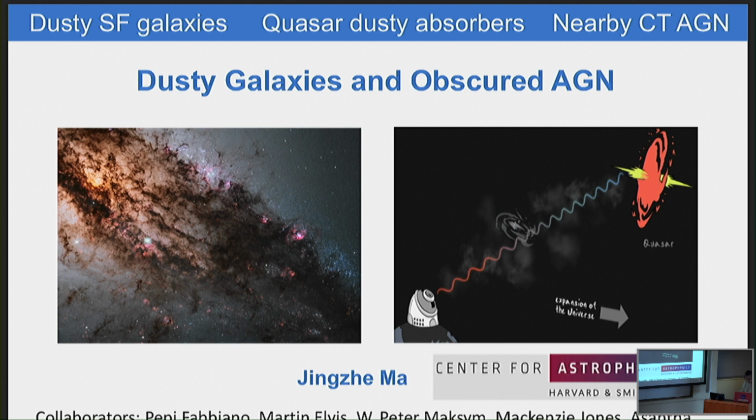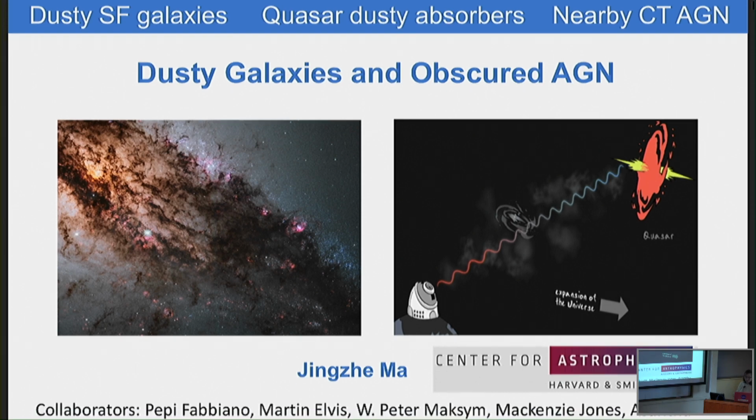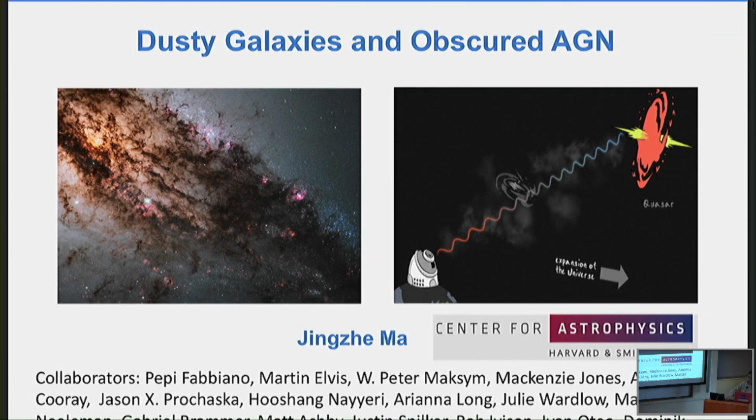She then went on to do a postdoc at UC Irvine, where she was working on Herschel dusty star-forming galaxies. She really specializes in multi-wavelength studies of galaxies and their coevolution with supermassive black holes. So today she's going to be telling us about some of her work on dusty galaxies and obscured AGN.